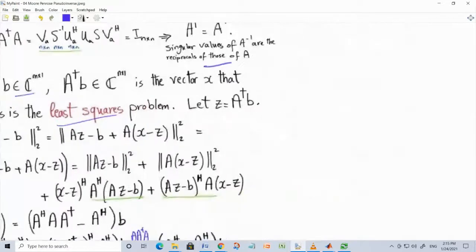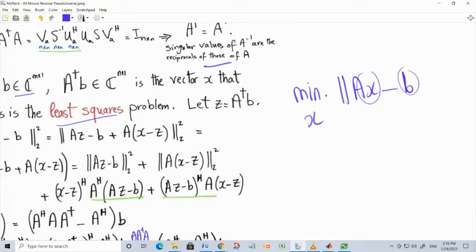It's an optimization problem where the optimization variables are the components of vector X. A is a known matrix, and B is a known vector. We want to find X such that the L2 norm of the difference between AX and B is minimized. That's the least squares problem.